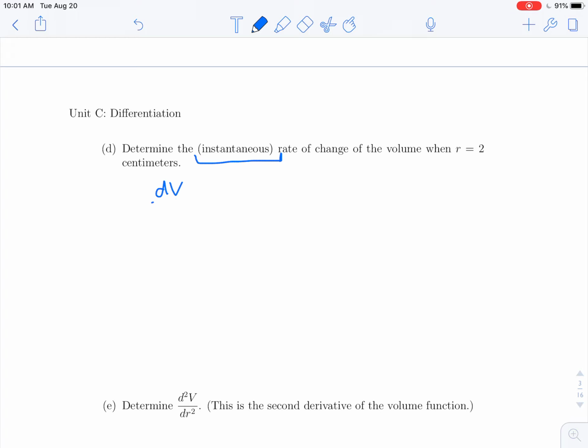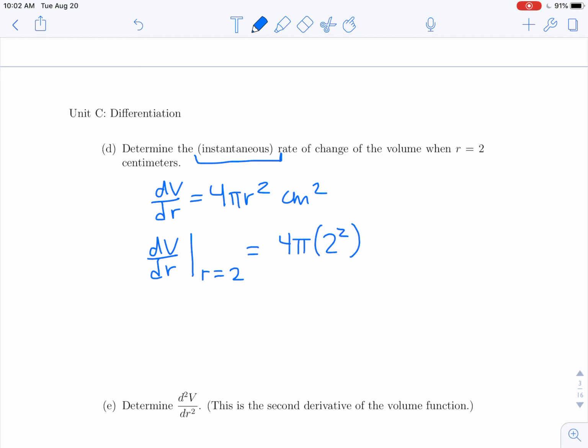So we already worked out that dV over dr was 4 pi r squared centimeters squared.